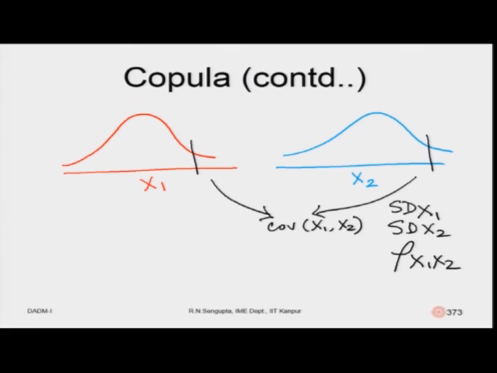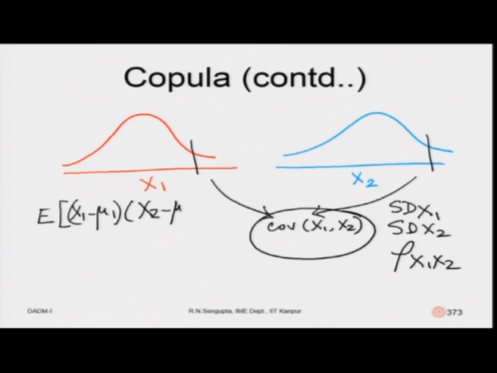But what happens if the distributions... obviously in that case covariance is fine, it gives us a good relationship. Now, see, if I expand the covariance, the formula is actually this. So, this is the linear relationship in terms of x1 and x2.